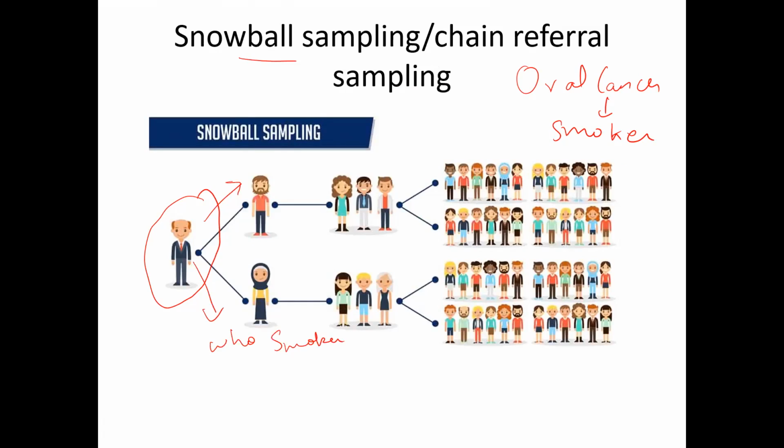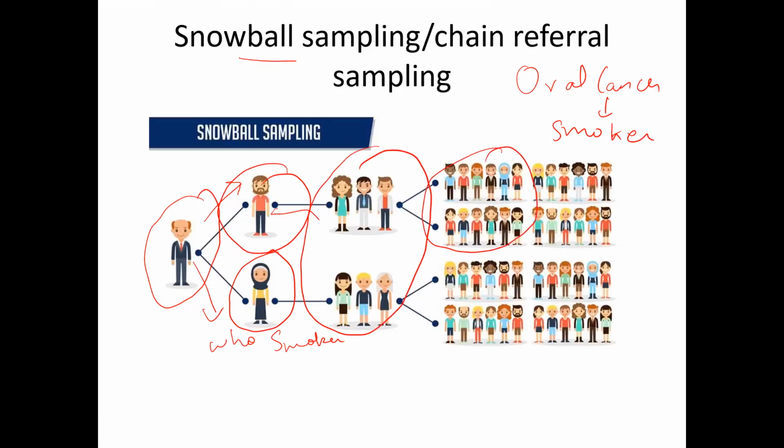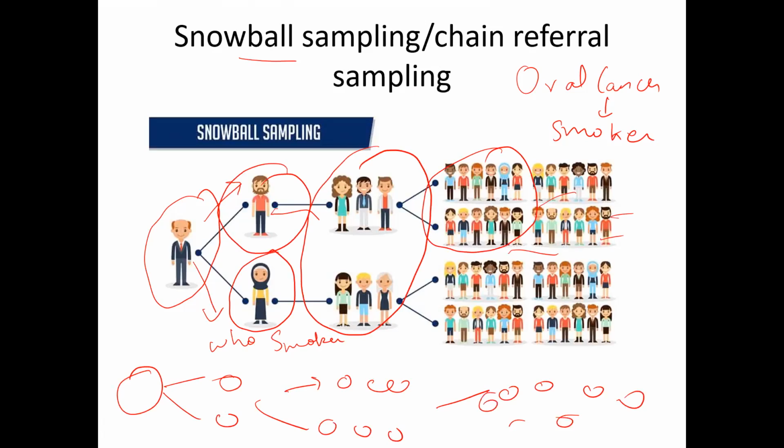So they refer 2 smokers, and from those 2 smokers you get 6 smokers. From those 6 smokers you get 12 smokers. So from a single one you develop so many. You form a big cluster.